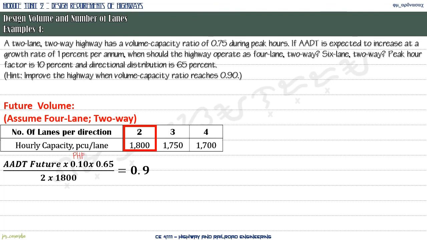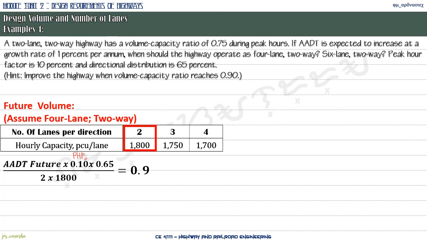So the peak hour factor, if we do not have a K value, we will use your peak hour factor. So multiply 2.65, which is our directional distribution percentage. So divided by 2 times 1,800.